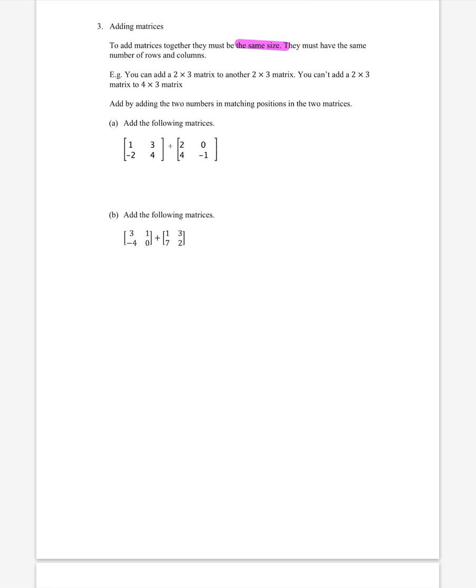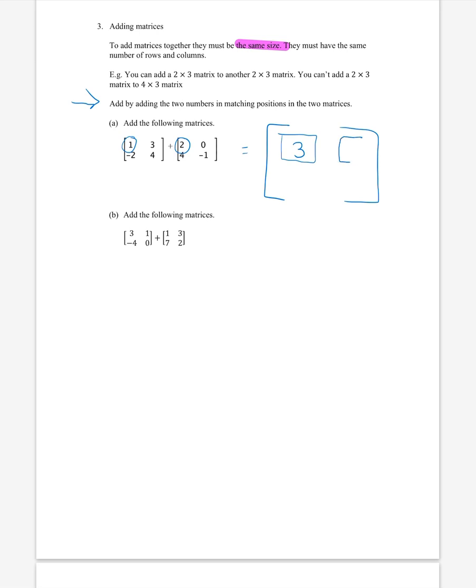The way we do the adding is we add the two numbers that are in a matching position. So if I'm adding these two matrices together, what matrix am I going to get? I'm going to get another 2 by 2. The first position is going to be a combination of those same positions there. So it'll be 1 plus 2, so it'll be 3.